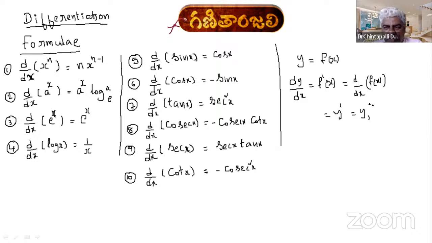All are same. y1 is rarely used. y dash and dy by dx, f dash x, d by dx of that function, all are same. There is no difference between them, right?